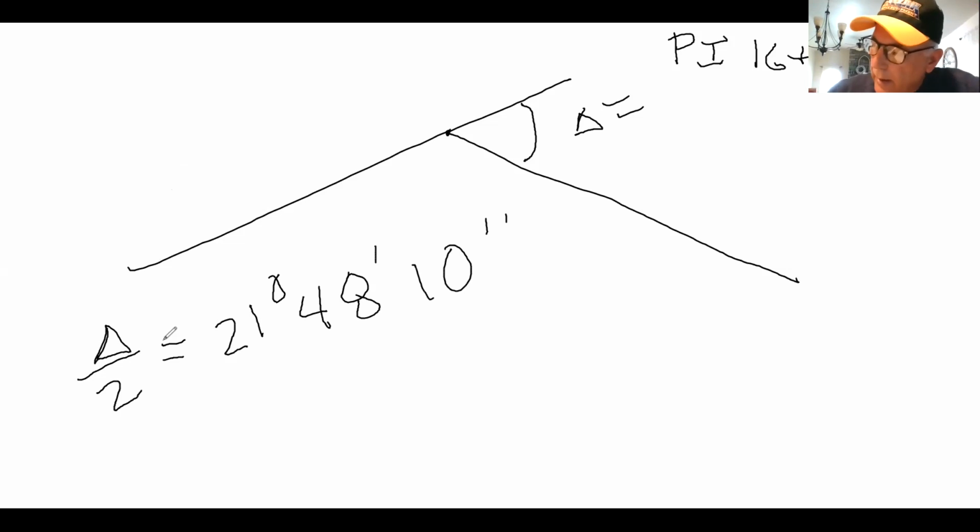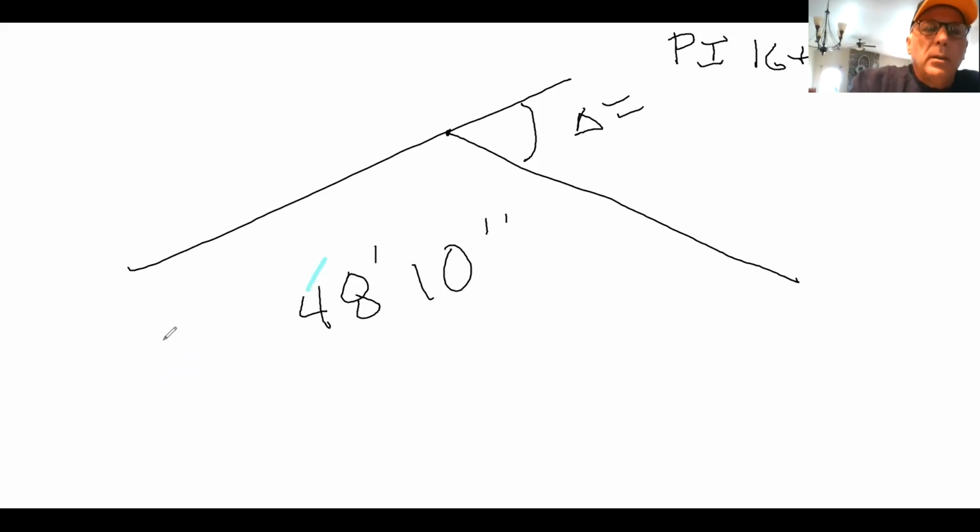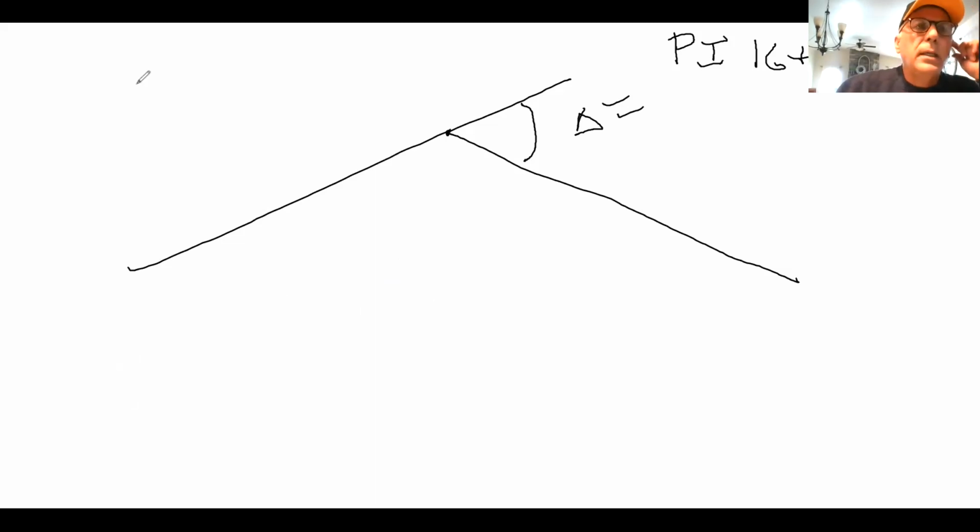That is simply taking the angular measurement given there, which is the 43 degrees, 24 minutes, 20 seconds, and dividing it by 2. So that would be the answer to part A of that sheet. Now I'm going to progress on to the other pieces of information. Let me erase so we can get some space, and I'm going to go back into my drawing tools.